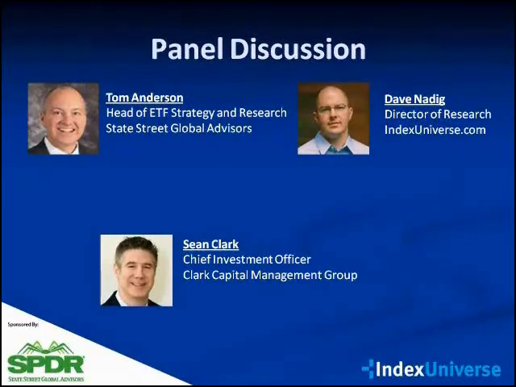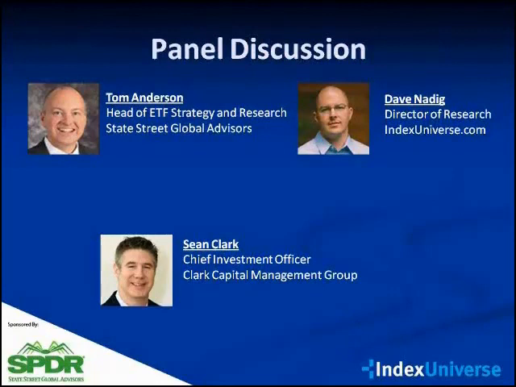To help us drive towards those real-world solutions, I'm thankfully going to have some help. After I make my short presentation, I'm going to bring in my panelists for a roundtable discussion, which you all can participate in. First, I'm lucky enough today to be joined by Tom Anderson, who's the head of ETF strategy and research for State Street Global Advisors.